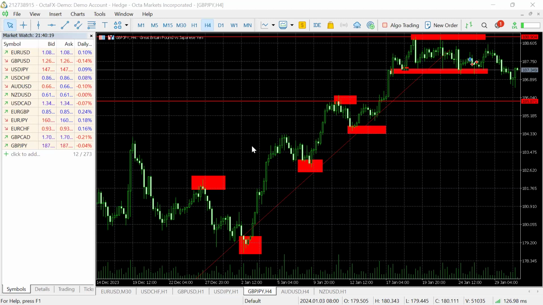In teaching support and resistance, I taught two types: horizontal support and resistance, number one, then the diagonal support and resistance, which you can still see on my screen. Okay, so we have that, and then we talked about trend.